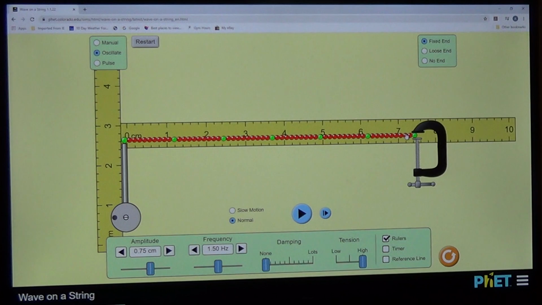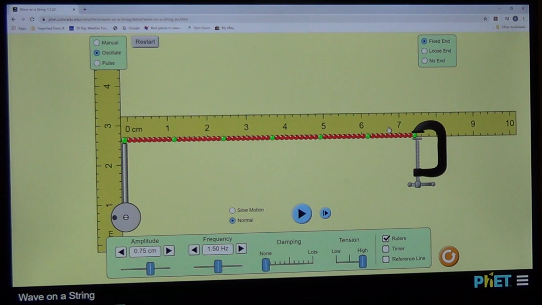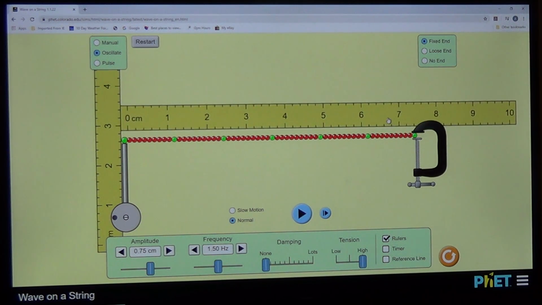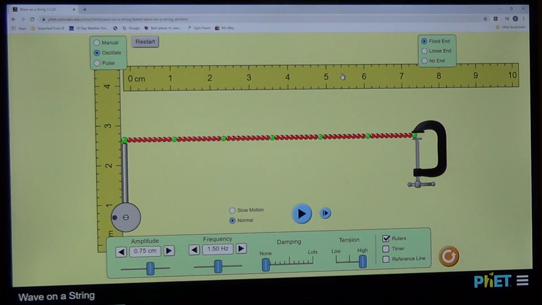I'll move that a little bit so I can see the lines. Maybe I'll measure from the beginning of the green to the end of the green. It's a little bit difficult to see the exact number because it's being covered up slightly, but it looks like somewhere between 7.4 and 7.6. We can estimate about 7.5. That'll probably do a pretty decent job.